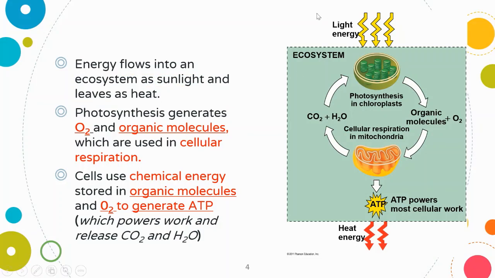So first, the sunlight energy is absorbed by the plants to undergo the photosynthesis process to release organic molecules and oxygen. Then the living cells use the chemical energy stored inside the organic molecules and oxygen to carry out cellular respiration in mitochondria to generate ATP and release carbon dioxide and water molecules.